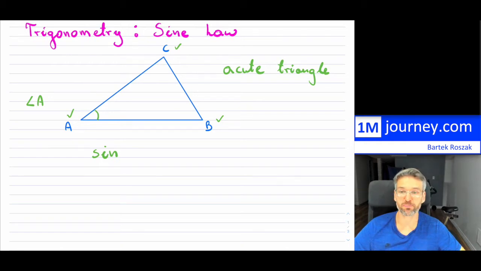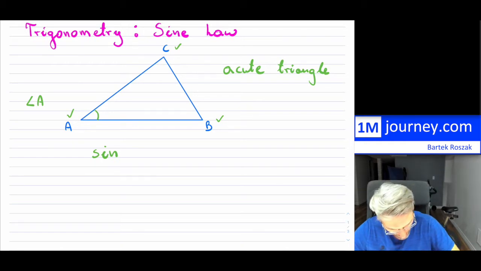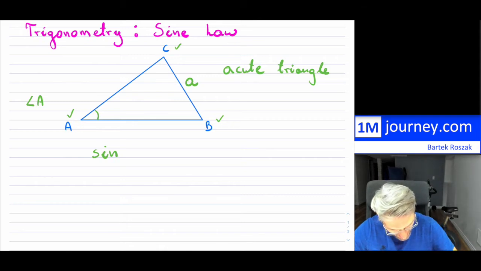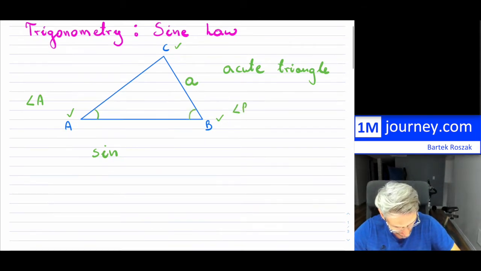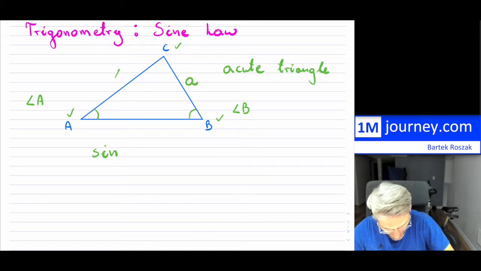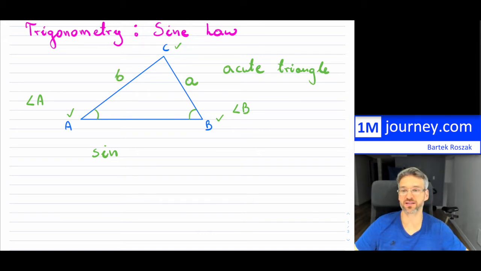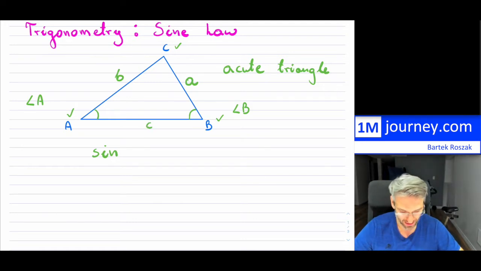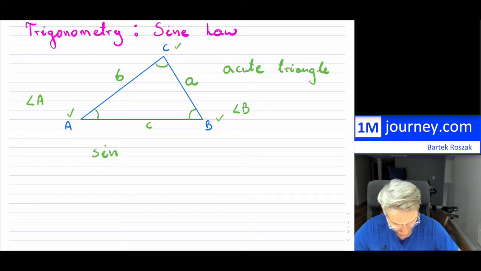And now the opposite side to that angle, I'm going to call little a here, because it is right across from the vertex A. Now for B, I'm going to call this angle B, this angle right there, and the opposite side, I'm going to call little b. When I say opposite side, I mean the length of it. And then for C, this is going to be a small little c right here, and this is the angle C.